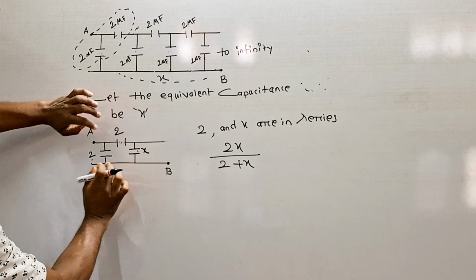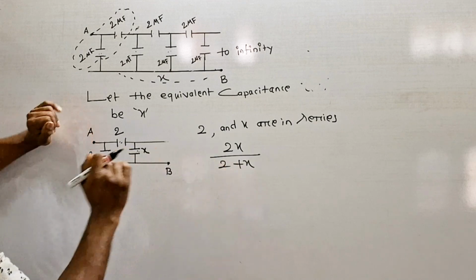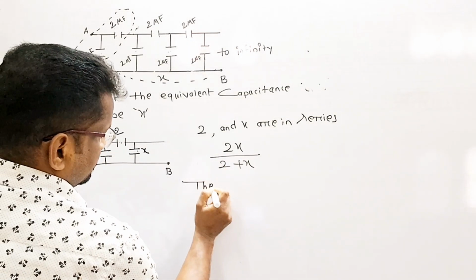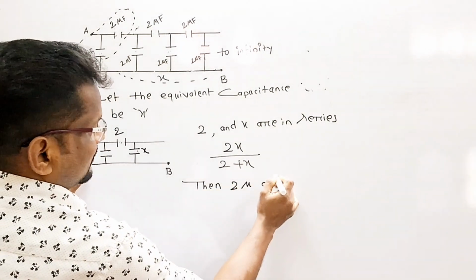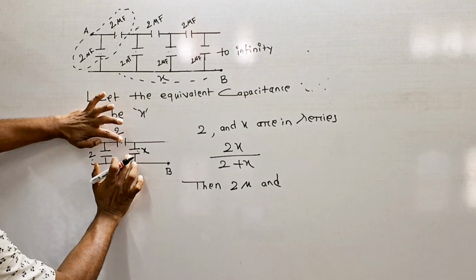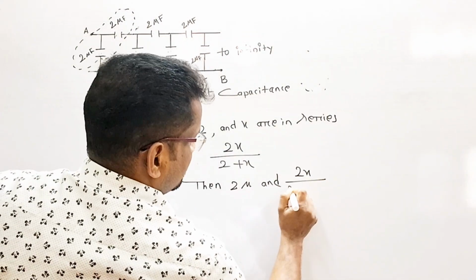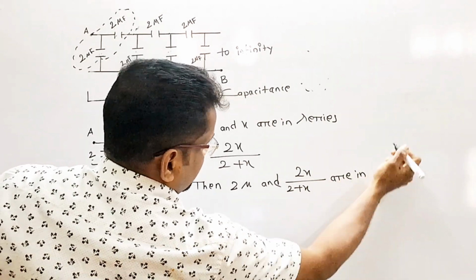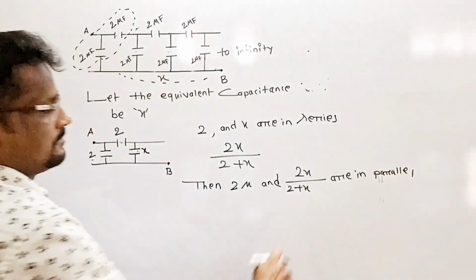Then you see, now these two and this capacitance are in parallel. These 2 microfarad and the total capacitance of these two, that is 2X over 2 plus X, are in parallel connection.